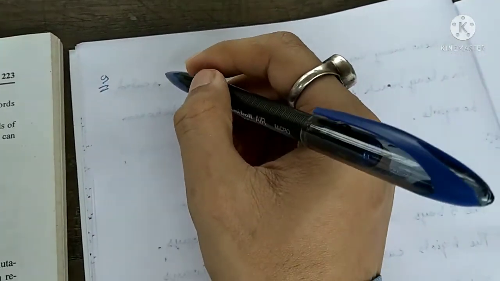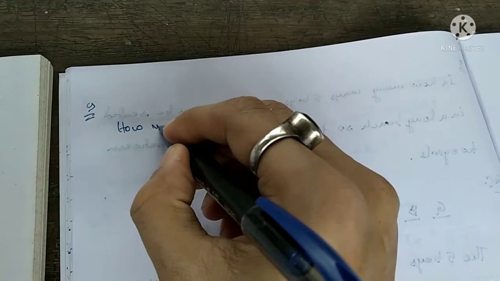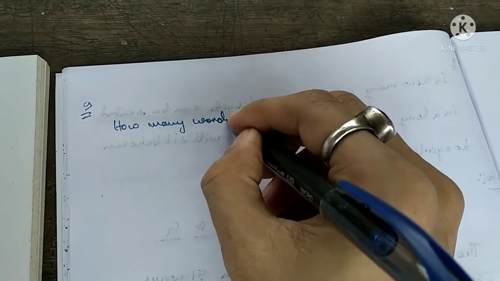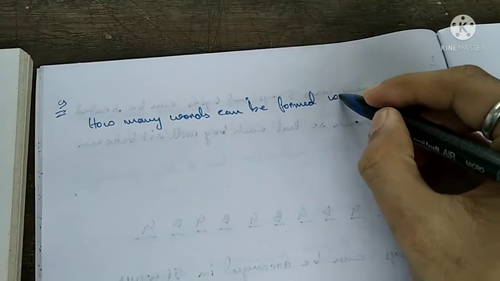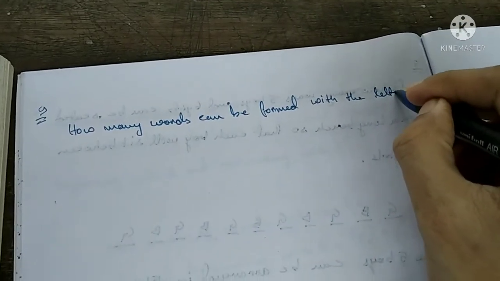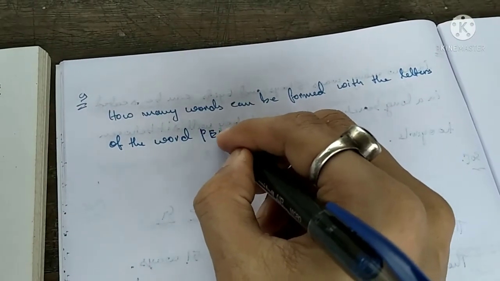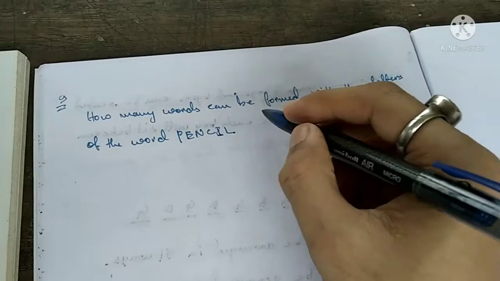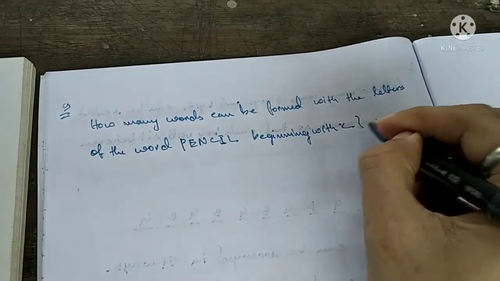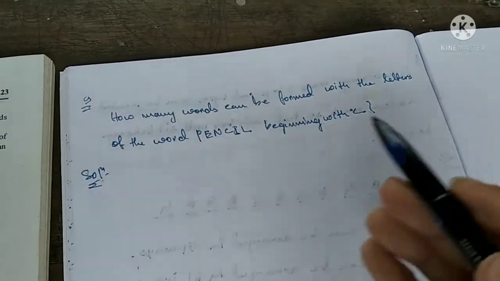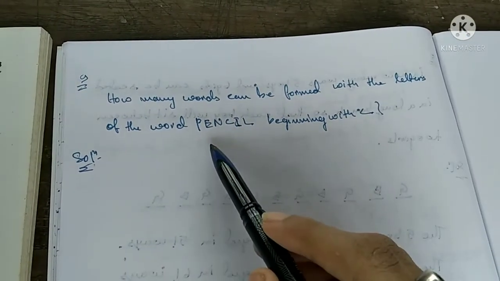Okay, question number 9 is saying, how many words can be formed with the letters of the word PENCIL beginning with C? Okay, the words will begin with C.